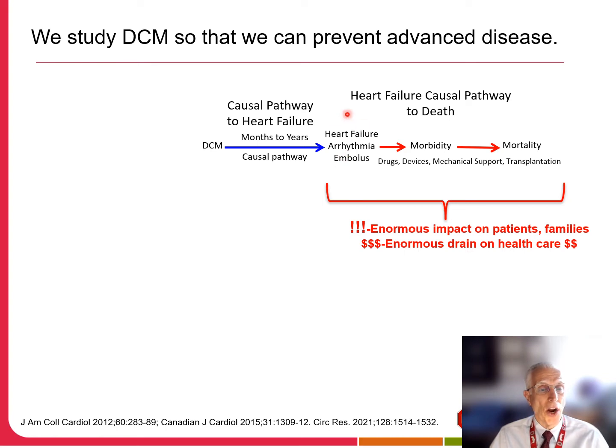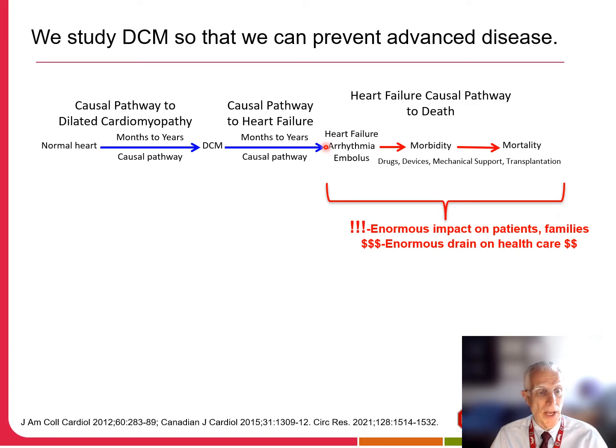Now, dilated cardiomyopathy does not start here with heart failure with late phase disease. It starts in adults at least. It takes months or years to develop dilated cardiomyopathy. And of course, in most adults, we think the heart starts with normal heart muscle, but over months or years, it turns into dilated cardiomyopathy and then eventually presents.